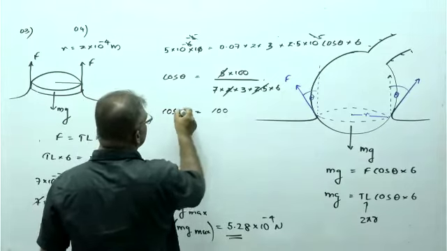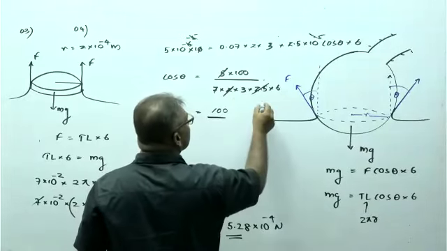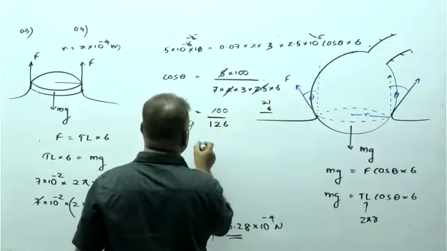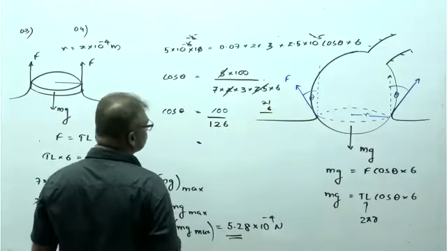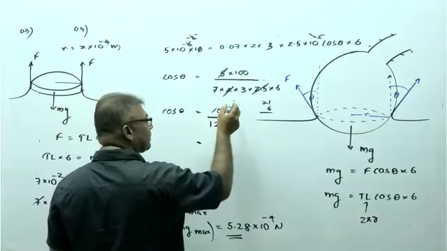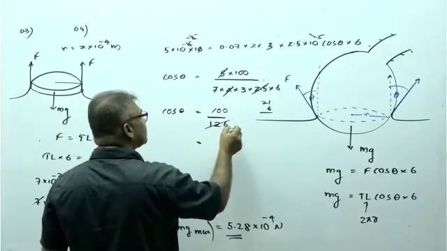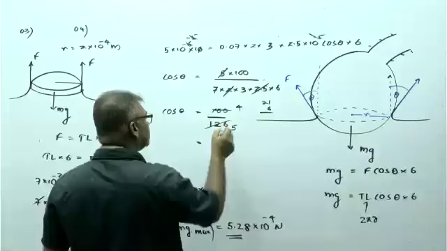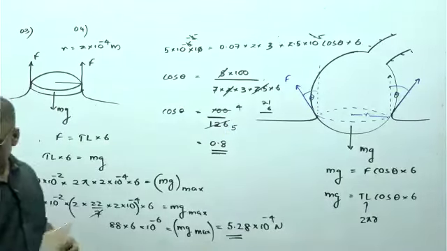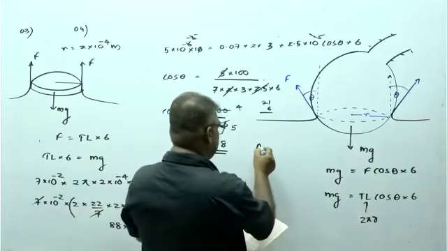Cos theta equals 100 over 7 into 3 into 6, which is around 126. Making this 125 to simplify, the approximate value is 25 times 5 here 4, becoming 0.8 approximately. Right. The possible answer is the fifth one, no? Right.